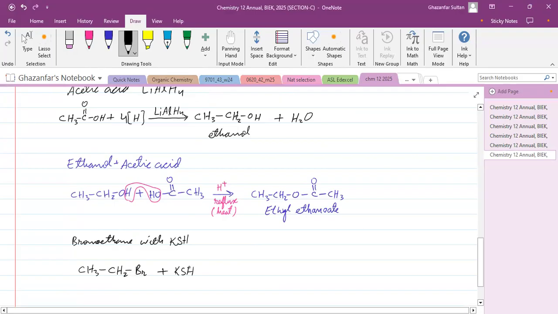So this nucleophile is substituted there and replaces the bromide. This reaction is called nucleophilic substitution reaction. So the product is CH3CH2SH, while in solution there would be KBr.